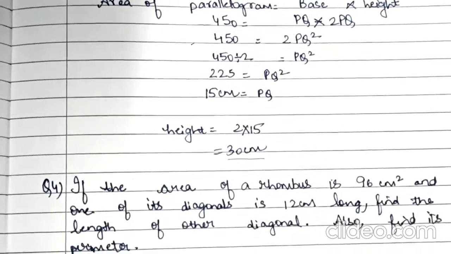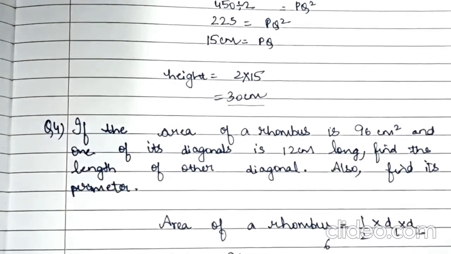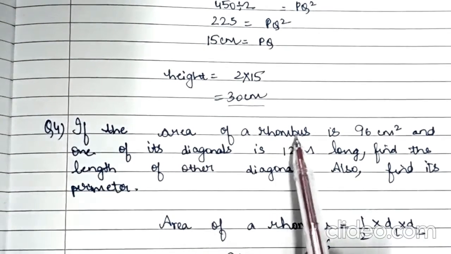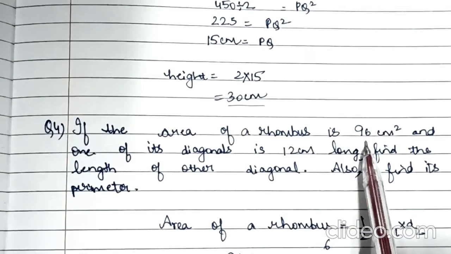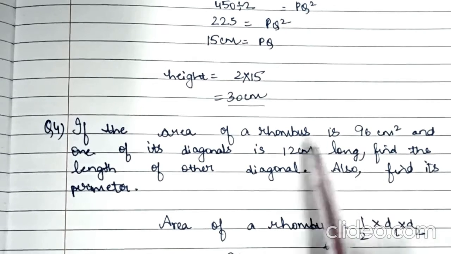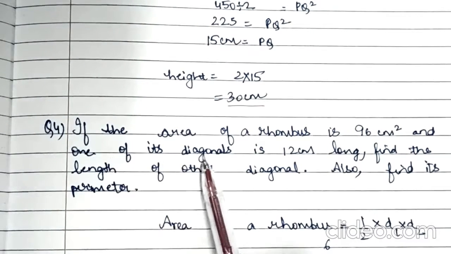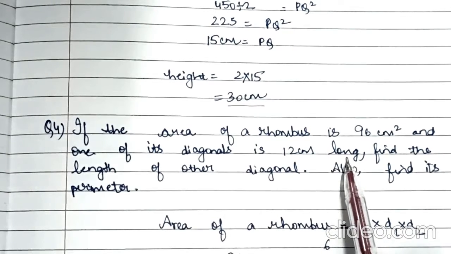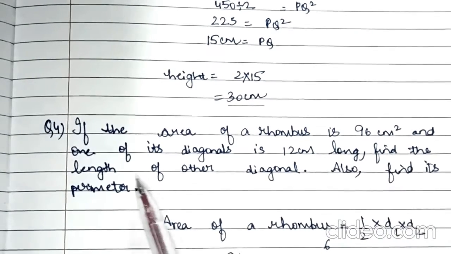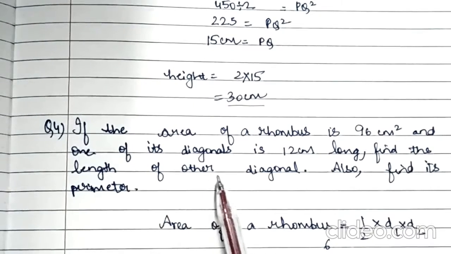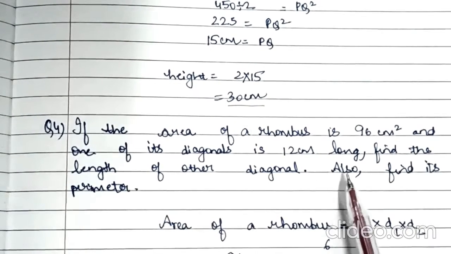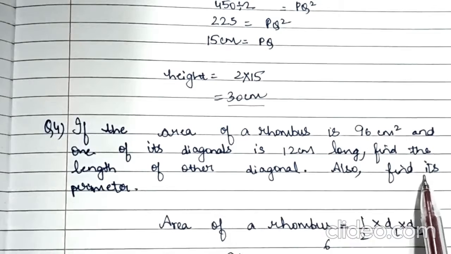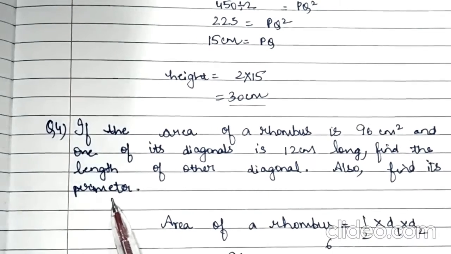Now the next question is, if the area of a rhombus is 96 centimeter square and one of its diagonals is 12 centimeter long, find the length of other diagonal. Also find its perimeter.